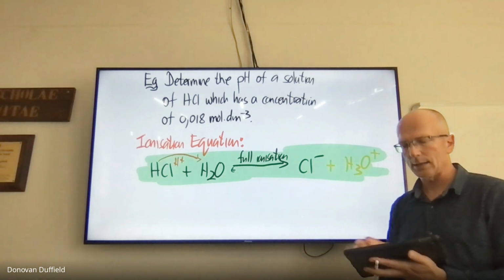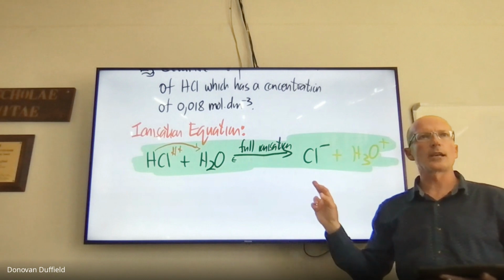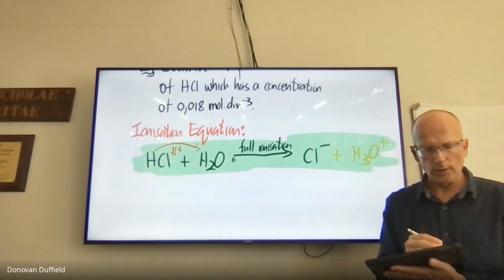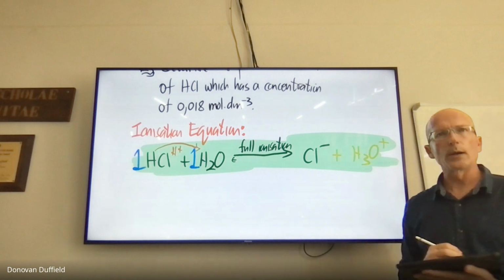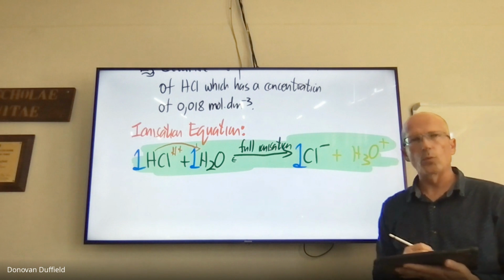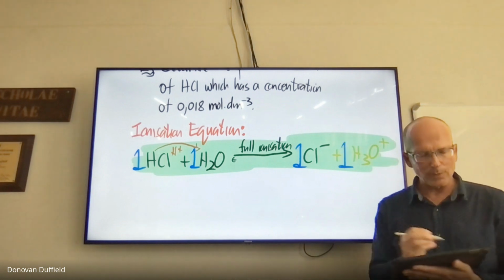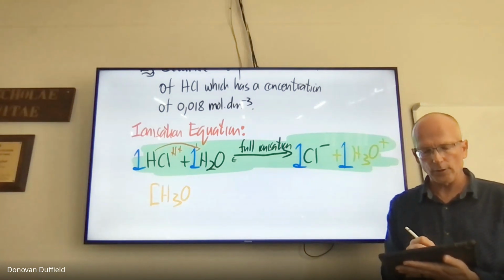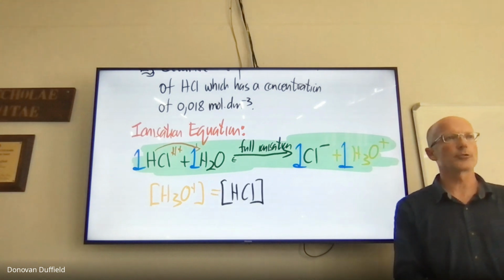And the reason is, with a strong acid, you can assume full ionization, and therefore you can work with the molar ratio of 1 mole of HCl to 1 mole of H2O produces 1 mole of chloride ions to 1 mole of hydronium ions, which means that the concentration of the hydronium ions will be the same as the concentration of the HCl solution.